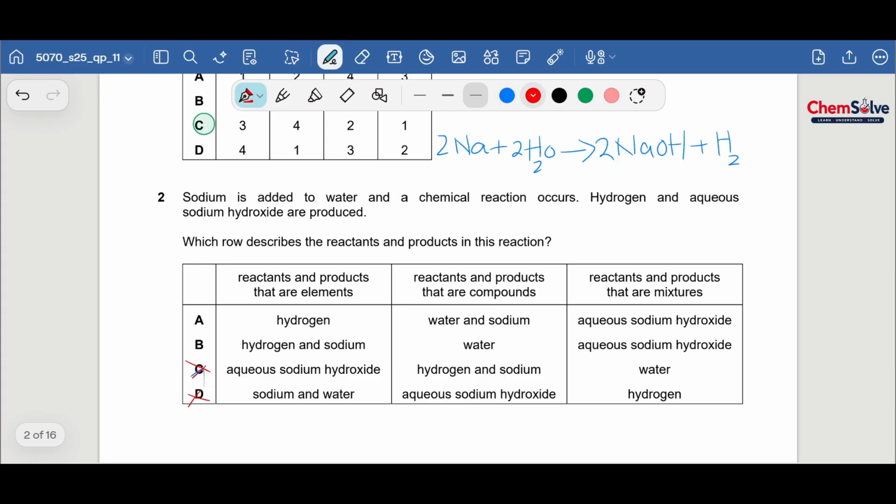So I have to choose between A and B, and I think B is the right option because sodium is also an element. Okay, so reactant and the product that are compounds, water and sodium. We just discussed that sodium is an element, so it's not a compound. So for sure the option is B.